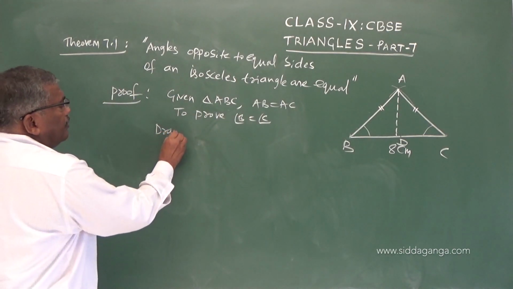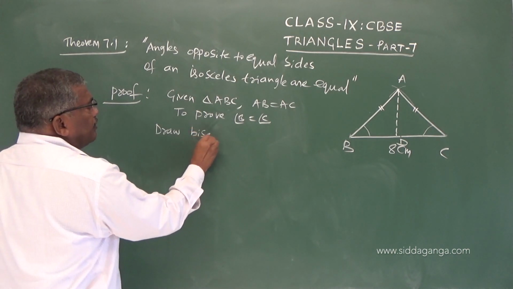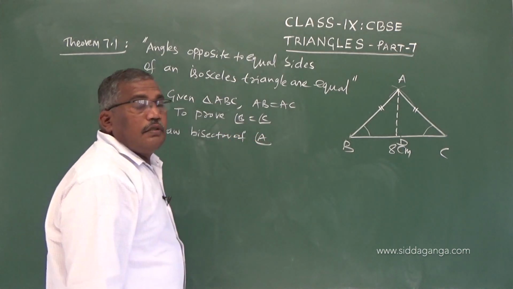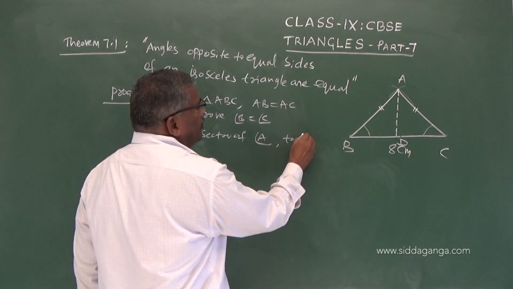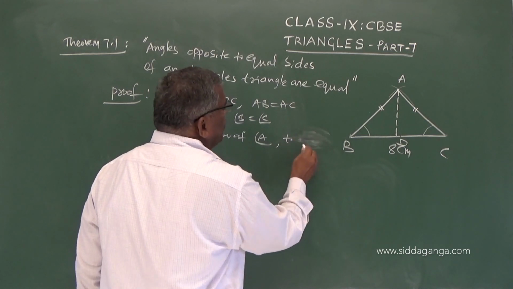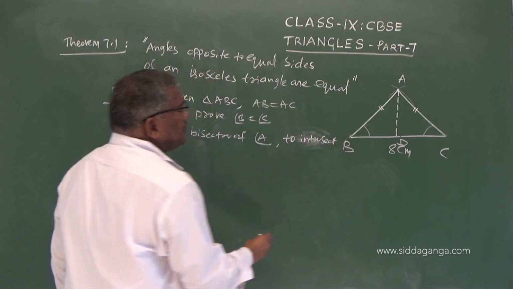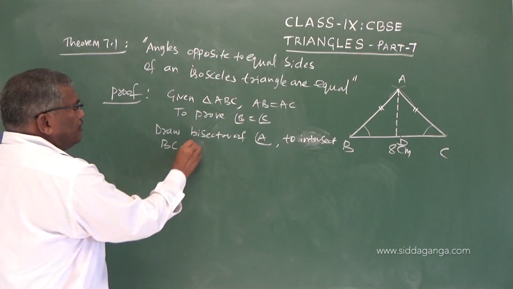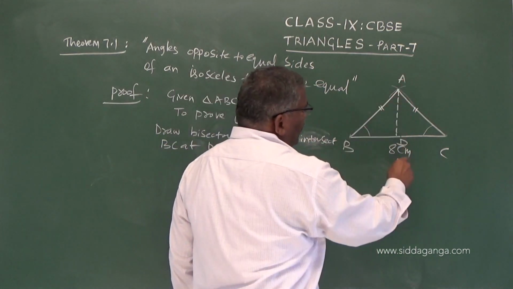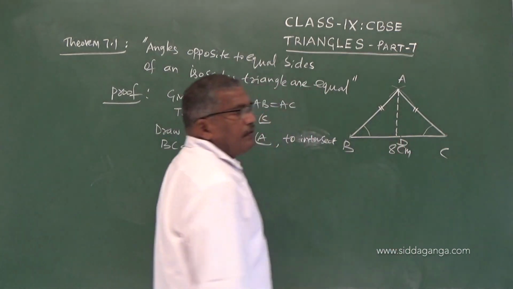Draw the bisector of angle A to intersect BC at D. So, now we have drawn an angular bisector and it is touching BC at D.